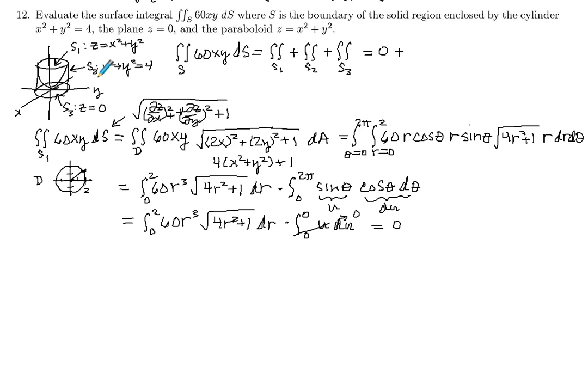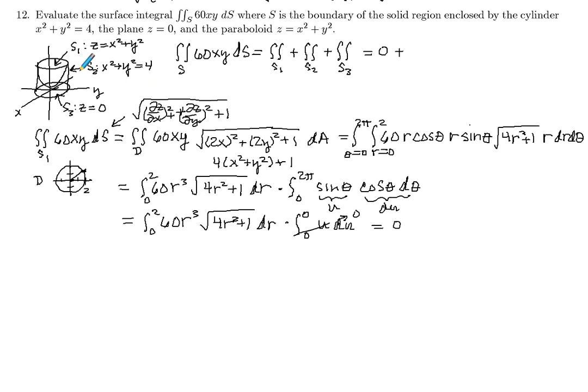What about S2? Okay, well, that's not a function y in terms of x, so we have to parameterize that one. And in fact, we can use sine t and cosine t, or sine theta, cosine theta, right? With a multiplier of 2 because it's radius 2. And then let our z coordinate vary.